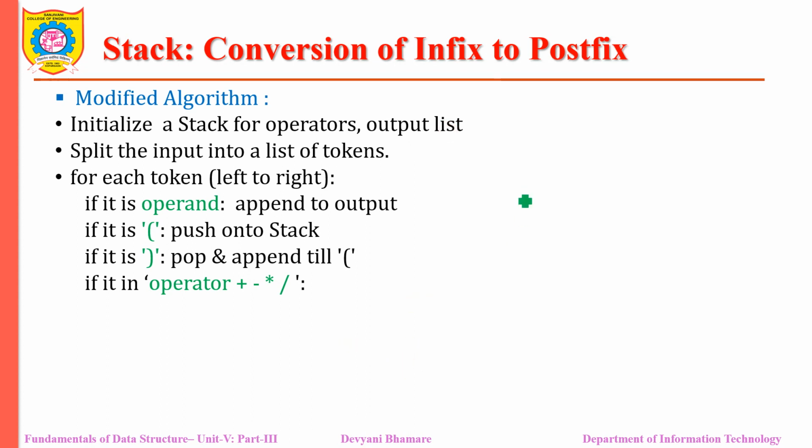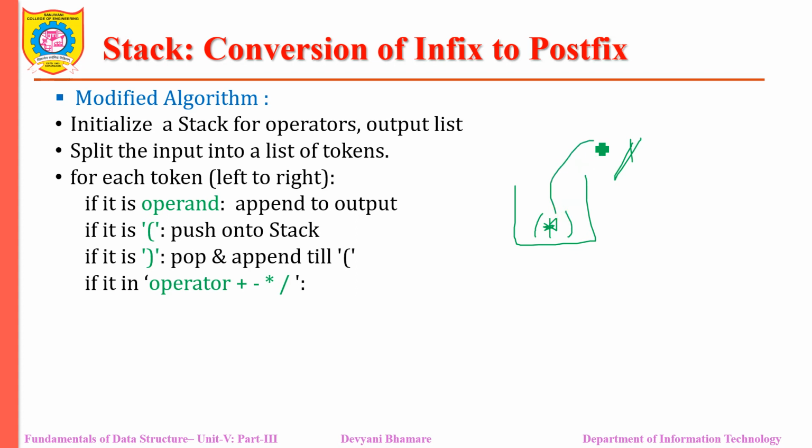top of the stack. Assume that our stack contains some operators. Let it be the multiplication operator and my input is the division operator. We compare the multiplication and this division operator. Then who has the higher precedence? If our stack top has the higher precedence, then we need to pop that operator.